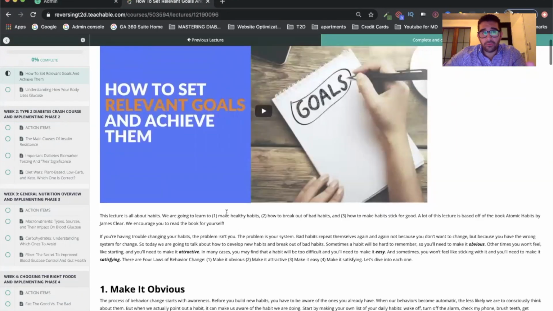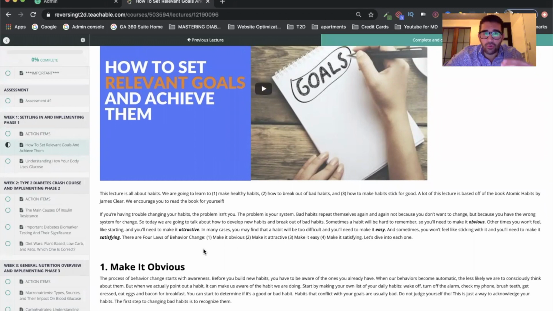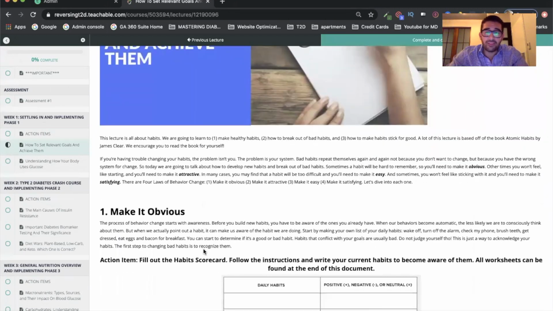In fact, the first thing that we ask them to do, as you can tell on week number 1, is to set goals and make them obvious. If this is a lifestyle that you want to adopt, the first thing that you should do is grab a piece of paper and write the main reason why you want to change this lifestyle.